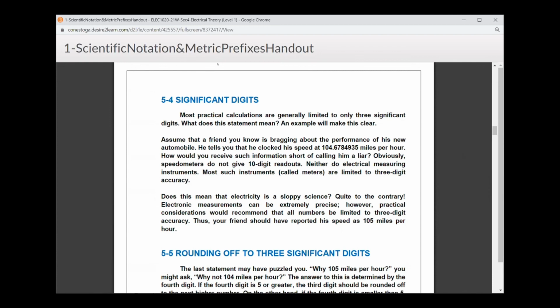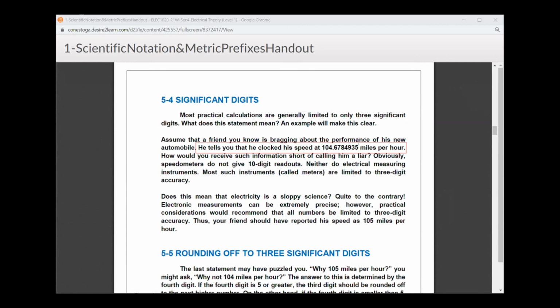Let's say a friend of yours tells you that the speed of his car is clocking at 104.6784935 miles an hour. We know that a radar is not going to be reading all these small numbers. It's just going to be rounding things off to the most important digits.